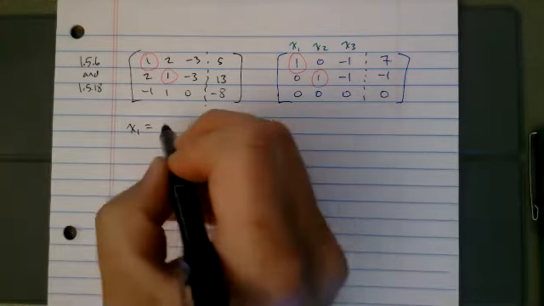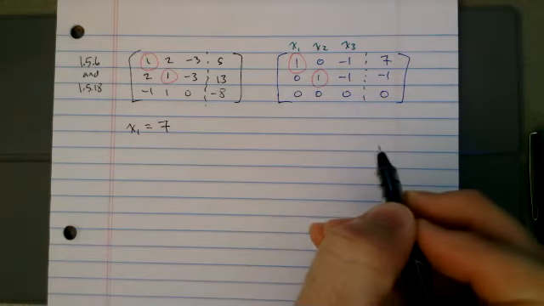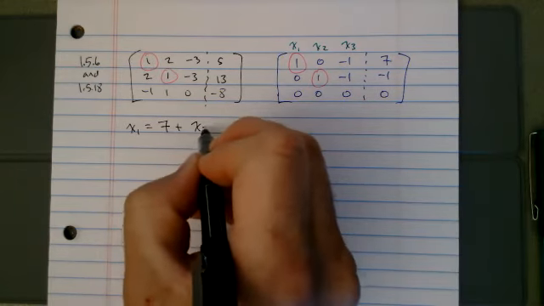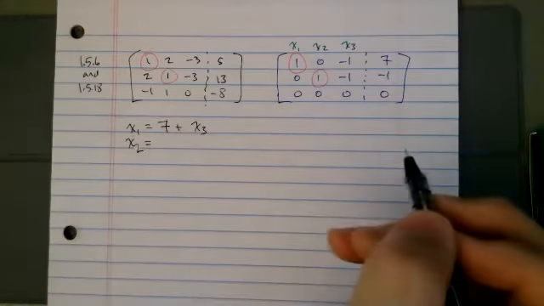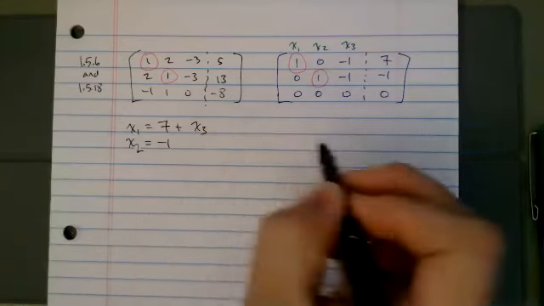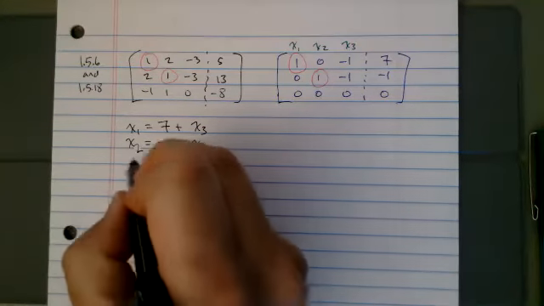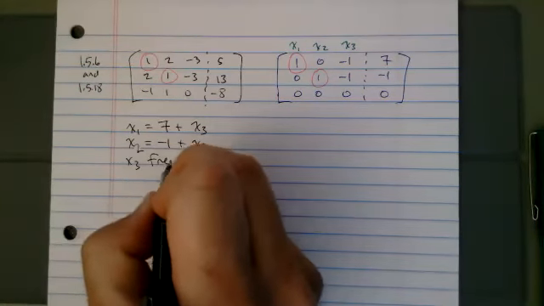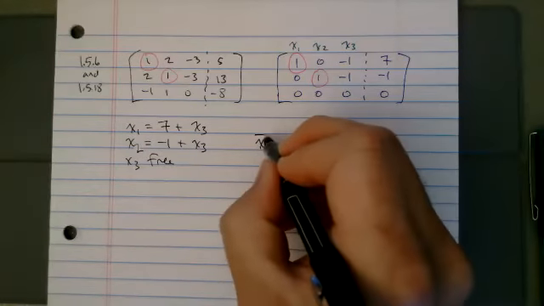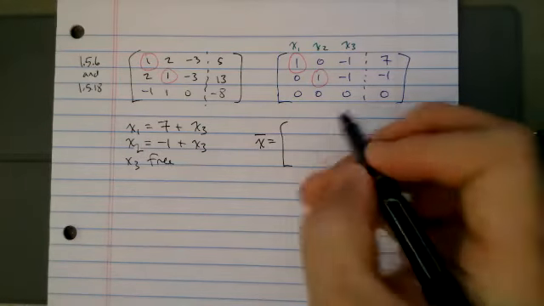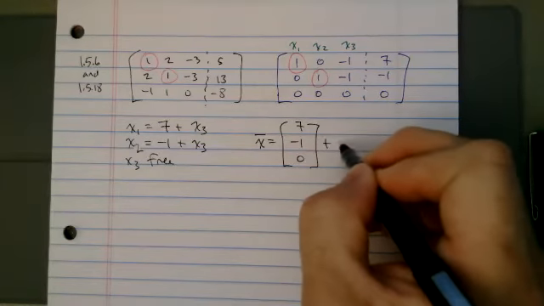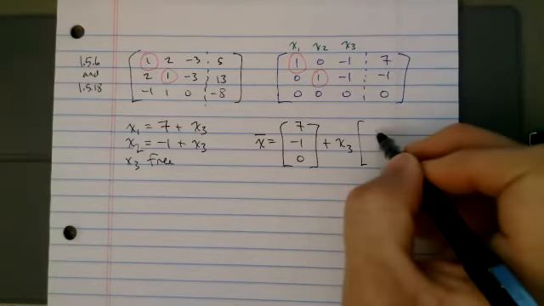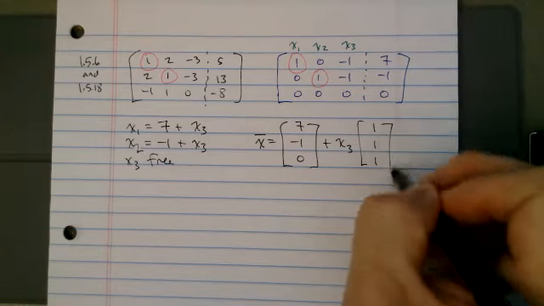So the solution set: x1 will equal 7 plus 1 x3. x2 is a basic variable, where we have -1 plus x3, and x3 is free. So in parametric vector form, I've got a constant, 7, -1, 0, plus our multiple of x3, which is going to be 1, 1, and 1.